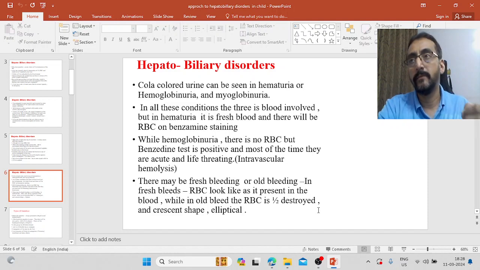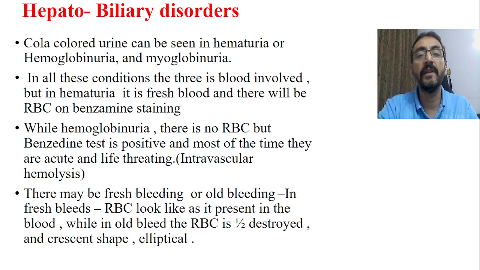And as we have already seen, this particular cola color urine can be seen in hematuria, or even in hemoglobinuria or myoglobinuria. Myoglobin means something related to muscles. Muscle proteins also contain hemoglobin-like pigment to some extent. It's muscle cells, and that's called myoglobinuria.